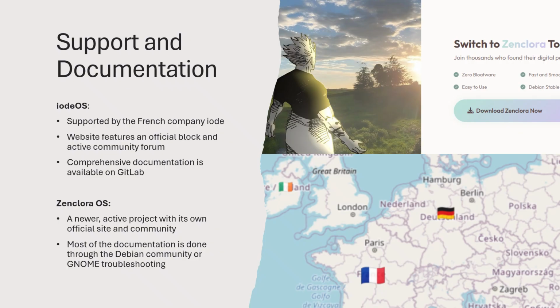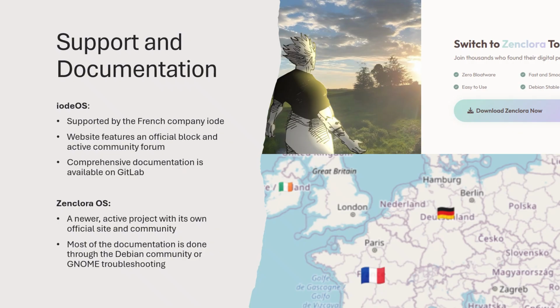Zenclora OS is a newer community-driven project. Its official website and user base are growing, while its direct Zenclora-specific documentation is expanding. Most of the documentation you can find is through the Debian community or GNOME troubleshooting guides on the internet, which isn't very difficult to find since they are both very extensive.